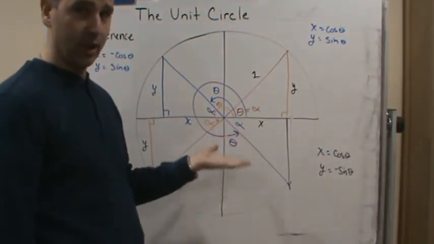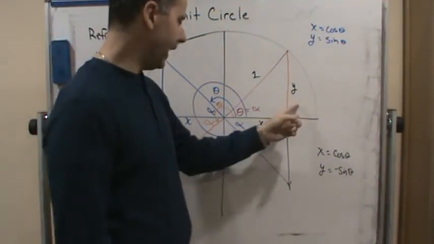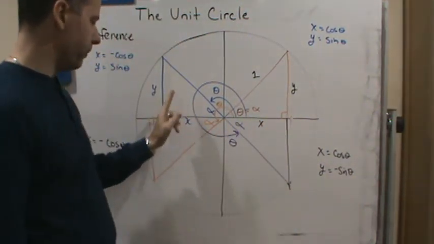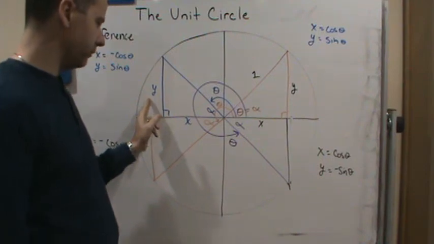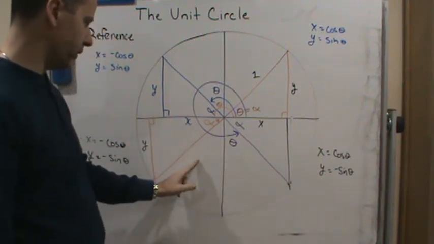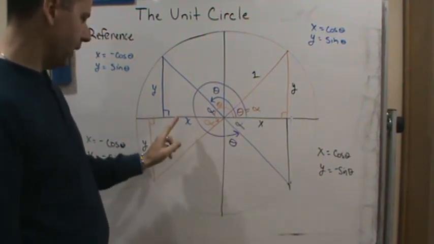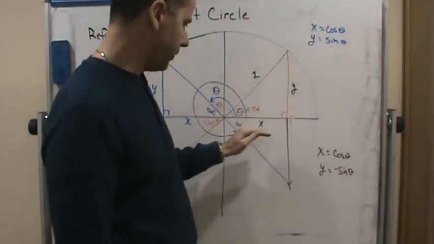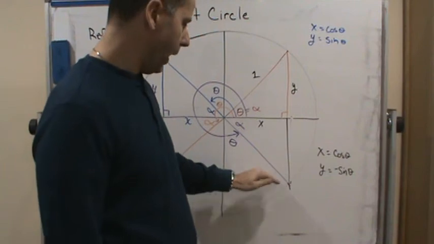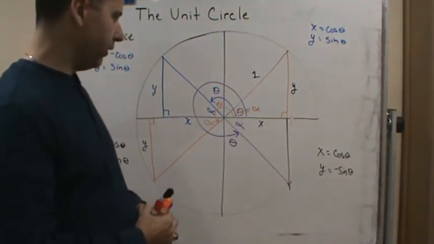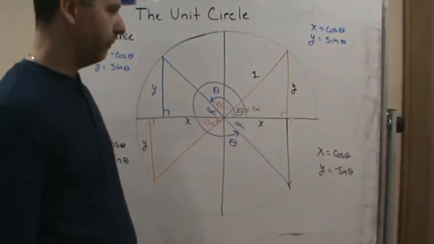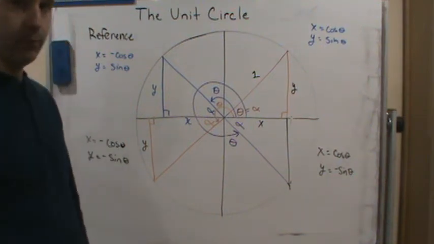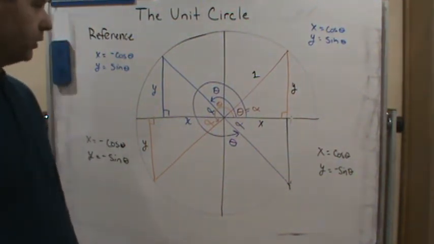That's all it comes down to. If I'm in the second quadrant, x is negative, y is positive. If I'm in the third quadrant, x and y are both negative. If I'm in the fourth quadrant, x is positive, y is negative. And of course, they're both positive in the first quadrant.